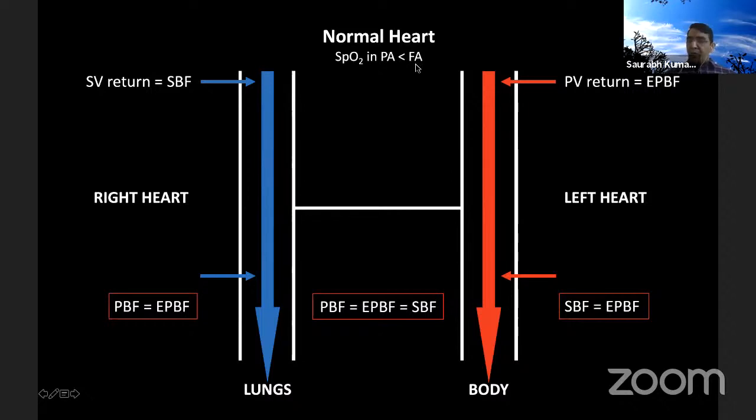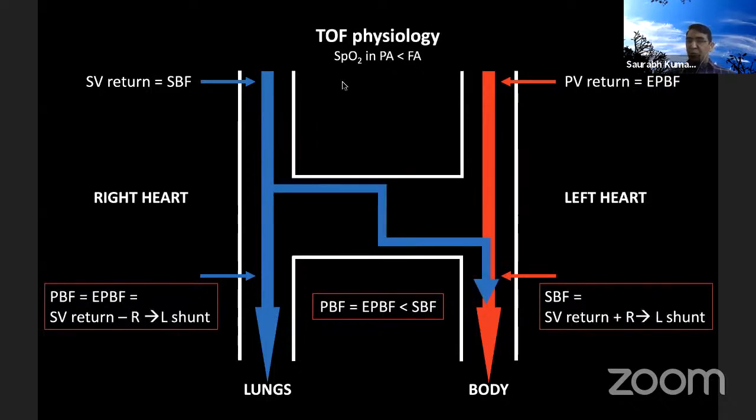Now, if we have a situation of intracardiac right to left shunt, as is the case in tetralogy of Fallot physiology, we will notice that the systemic venous return is equivalent to systemic blood flow, but there is some amount of blood which is going from the right side to the left side, meaning thereby there is a right to left shunt.